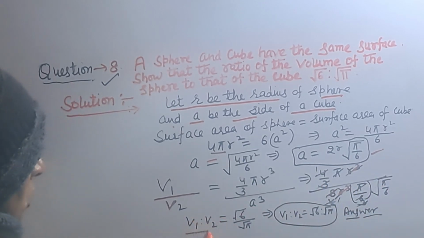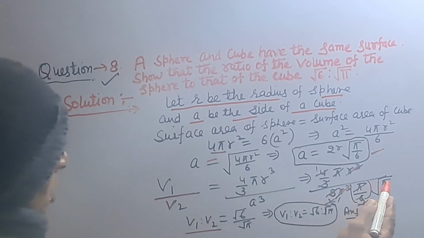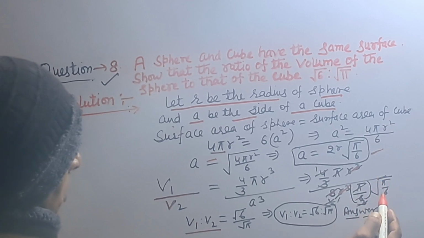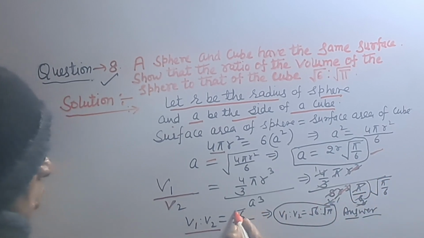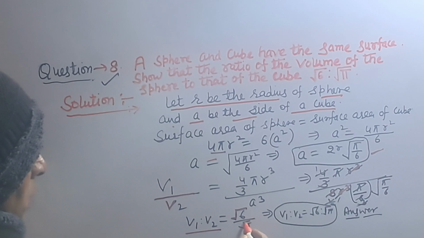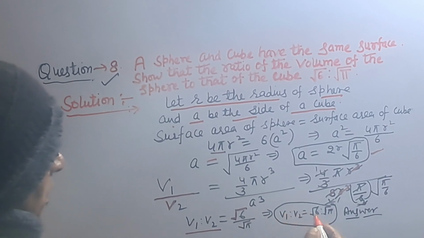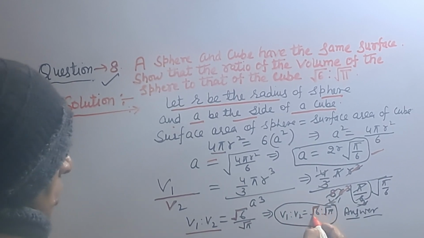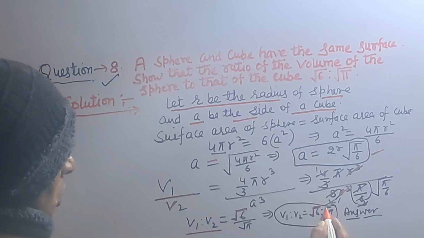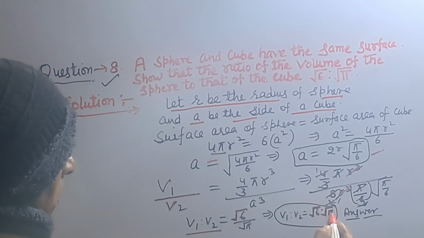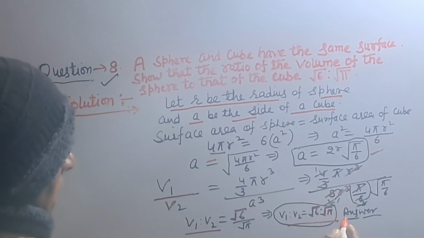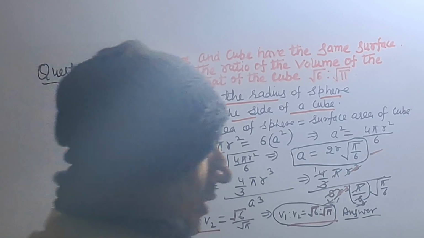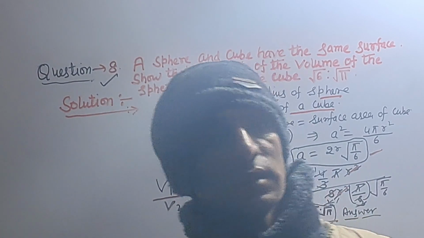So V1 ratio V2 is reciprocal of root pi upon 6, that is root 6 divided by root pi, and V1 ratio V2 is equal to root 6 ratio root pi. Answer.